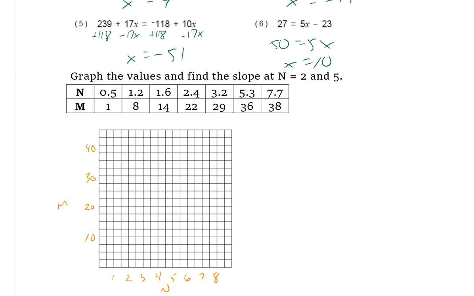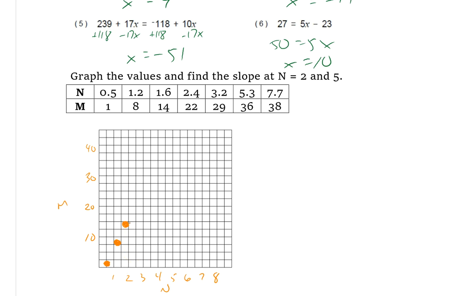Okay, so let's plot points, and we'll try and make our points nice and big and healthy. Remember that from grade 11. My first point is 0.5 and 1, so that's way down here somewhere. Then I've got 1.2 and 8, somewhere around there. 1.6 and 14 would be around there.